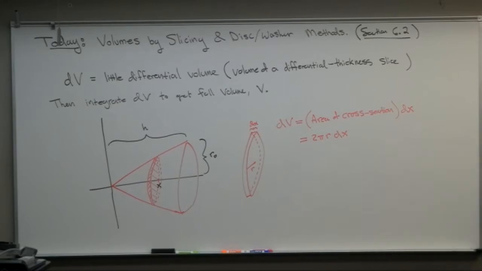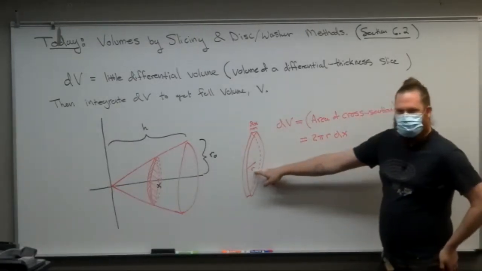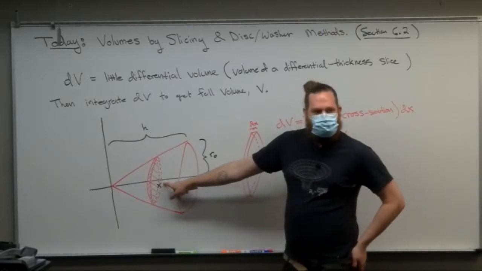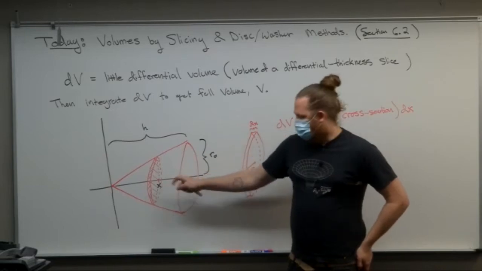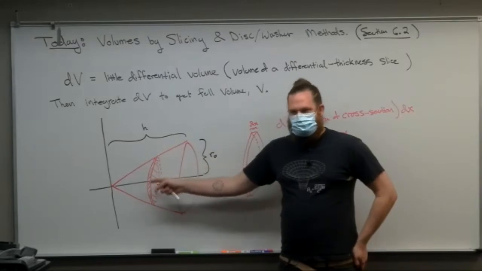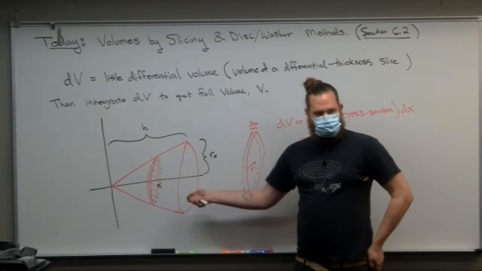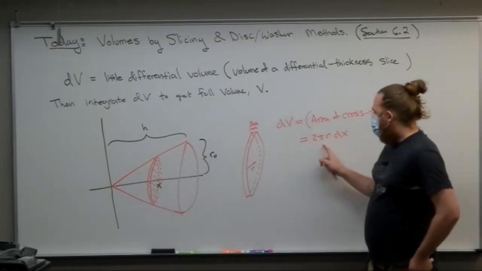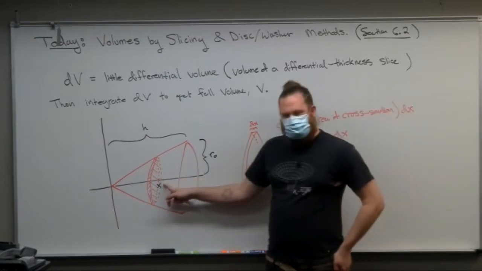The question is, can I find the radius r of my slice as a function of the variable x where I'm taking the slice? Reiterating: I'm thinking of this cone as being made up of infinitely many of these little slices. I'm going to integrate to add all of those little slices' volumes together. That means I need a formula for the volume of this little slice as a function of x.